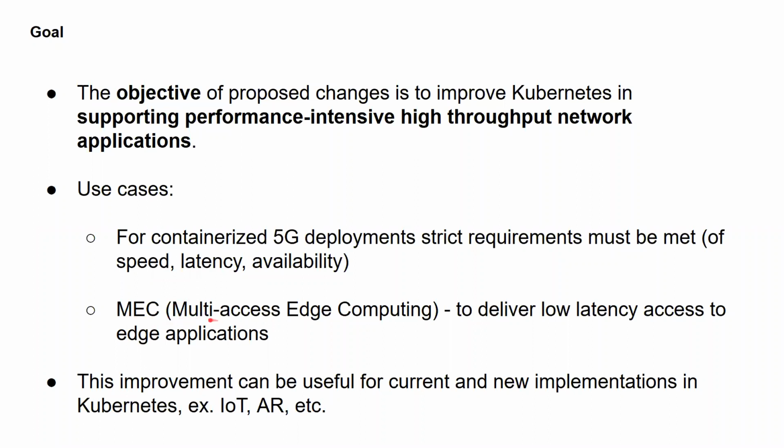Also, MEC, which stands for Multi-Access Edge Computing, has to deliver low latency access to edge applications, and these improvements can assure that, or improve it at least. And these improvements can also be useful for current or new implementations in the future for IoT or AR.